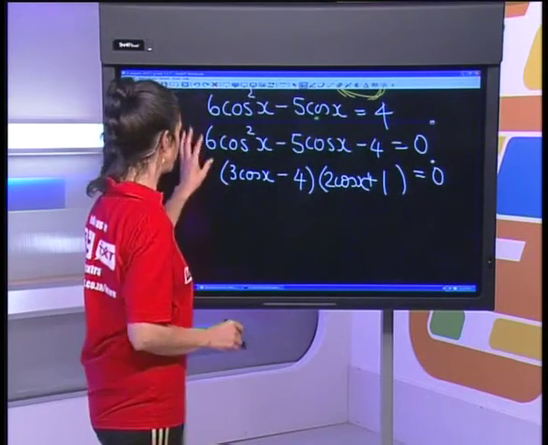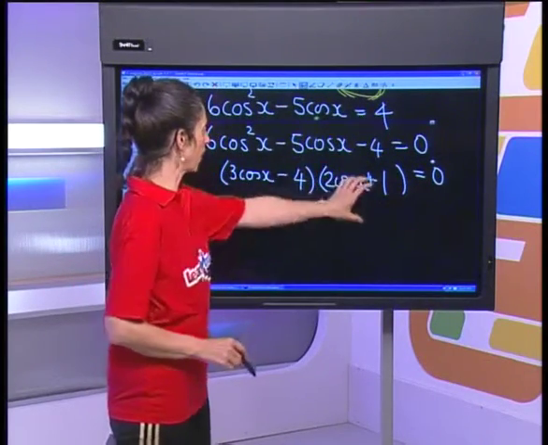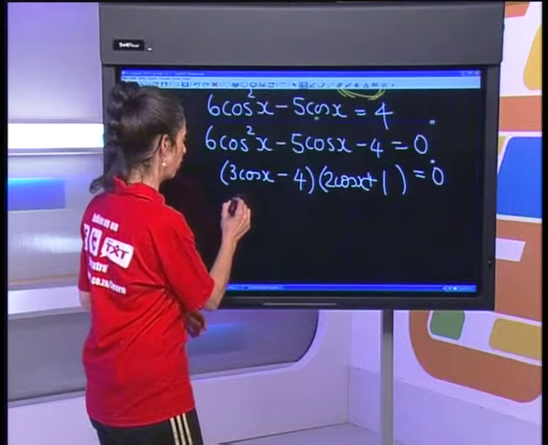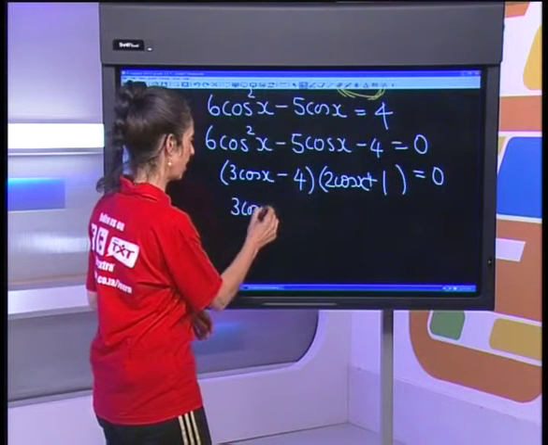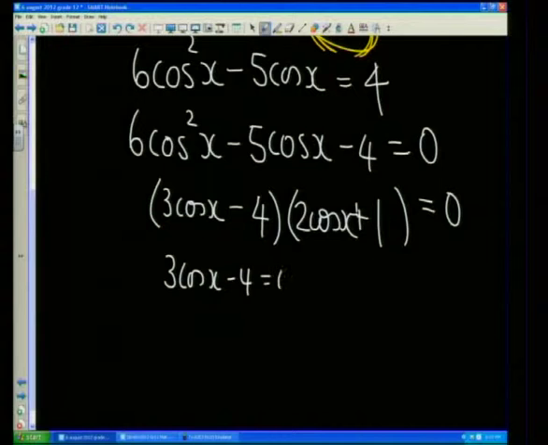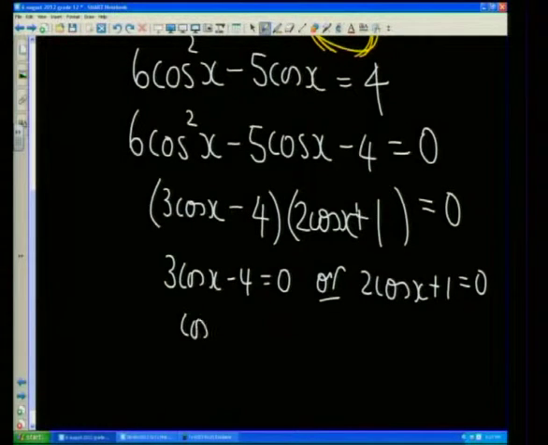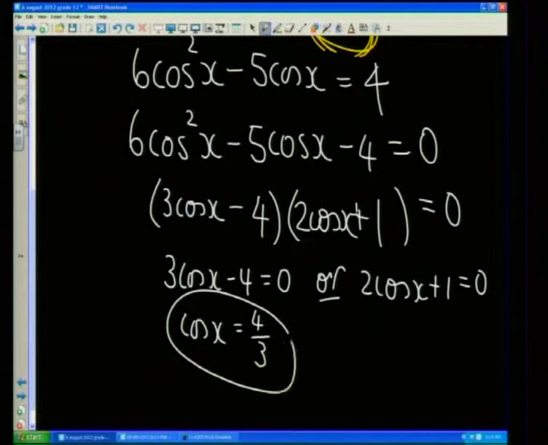Right, from there onwards, we can now keep going. Again, we still have some algebra, a quadratic equation that we can factorize, and we now solve for each of the brackets. So 3 cos x minus 4 equals 0, or 2 cos x plus 1 equals 0. So we've got cos x equals 4/3. And what can you tell me as you arrive at this?